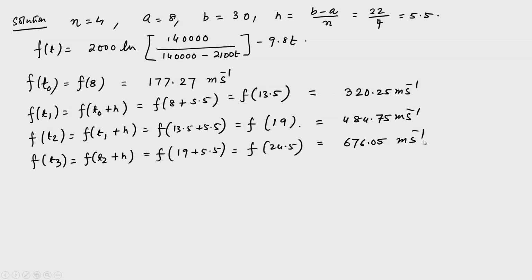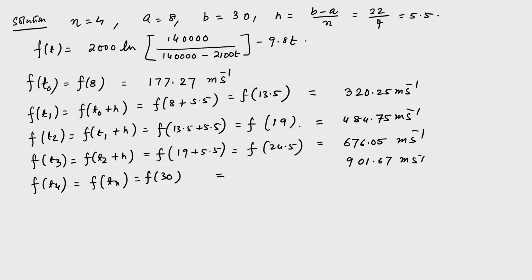Then of course, the final one is known, f of t 4, equal to f of t n, which is f of 30, whose value we also know because we calculated it earlier, 0.67 meter per second.